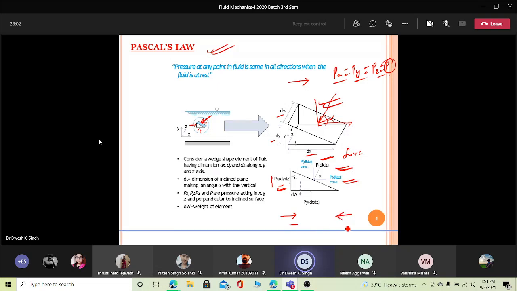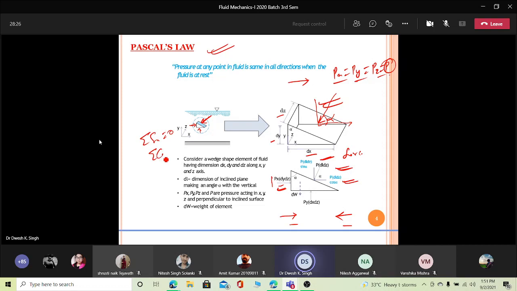So obviously these two should be balanced, because it is a static condition: there is no net force, so it means it is static. Static is maintained when the forces from all directions are such that the resultant force is 0.